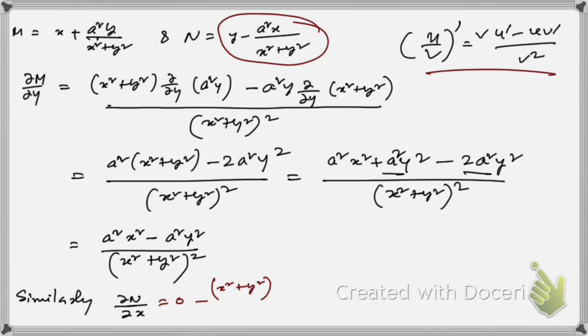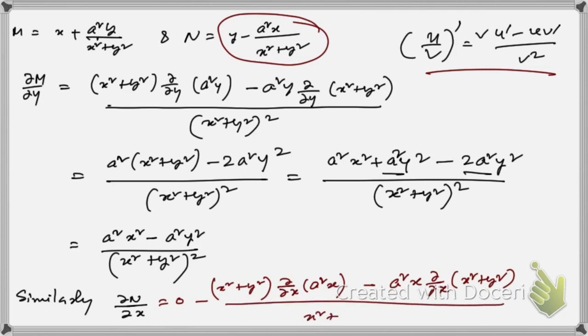Again apply this rule: partial derivative of a square x with respect to x, then minus a square x times the partial derivative of x square plus y square with respect to x, divided by x square plus y square whole square. That's what we're going to get. So what will be the next result? This is del m by del y. Let me copy these things. Okay, now let me go to the next slide.